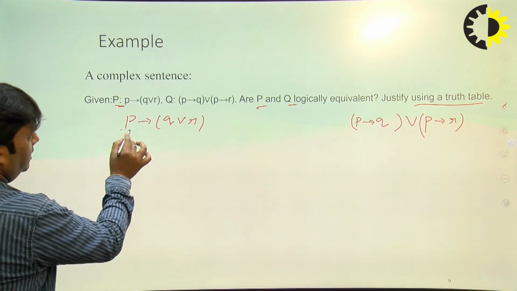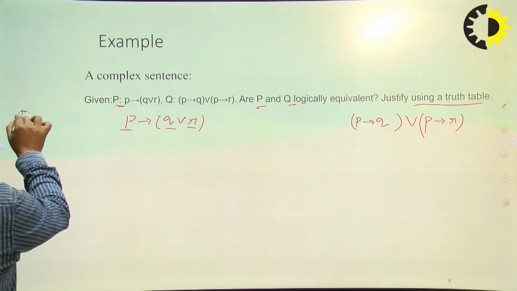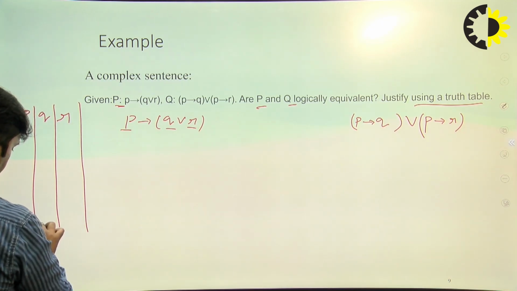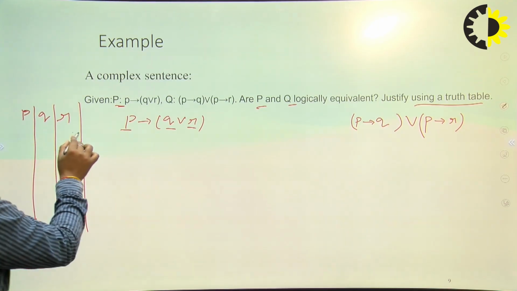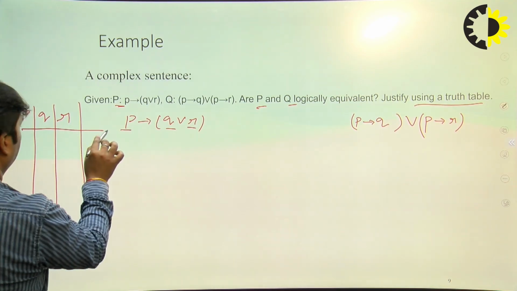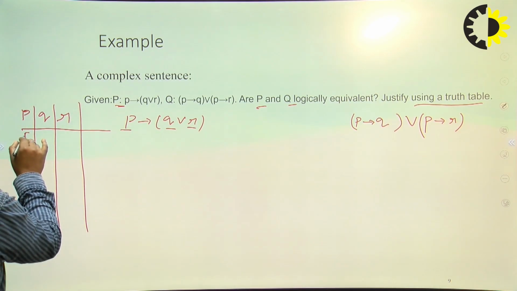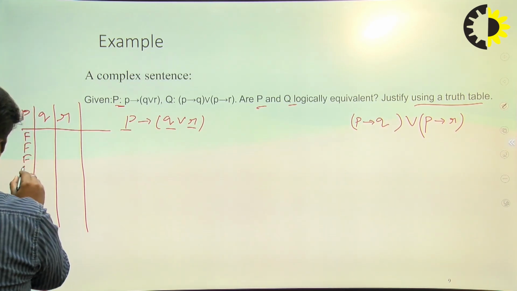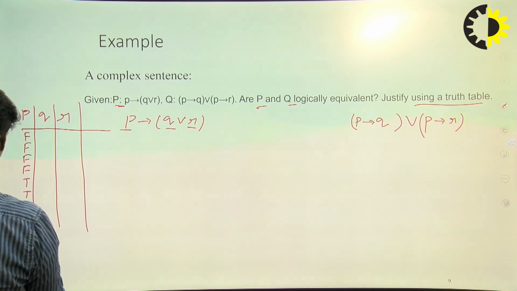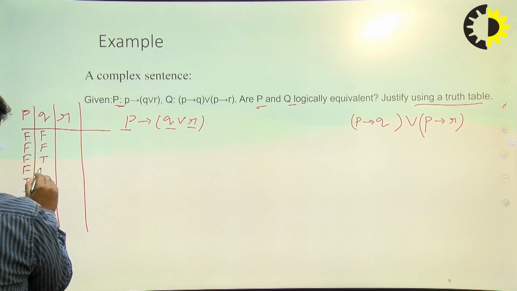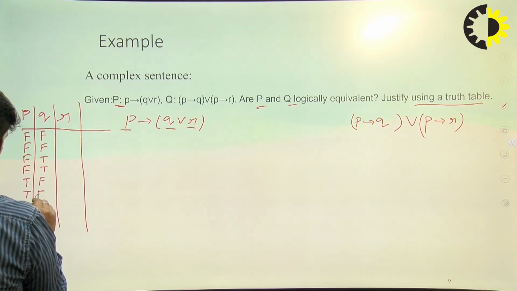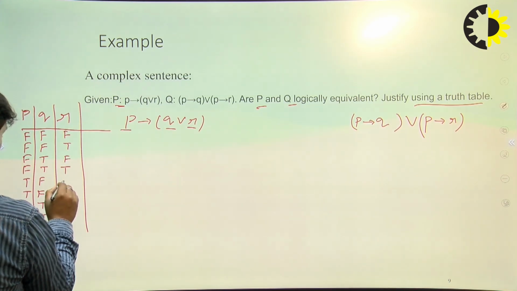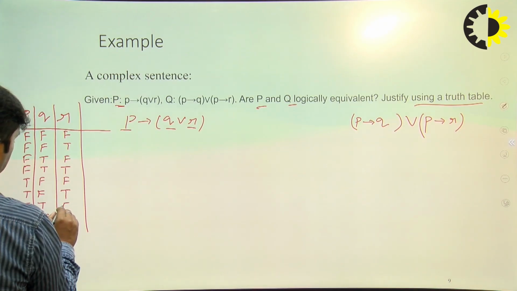So we have three variables P, Q, R. So we construct here P, Q, R: false, false, false, true, true, true, true, false, false, true, true, false, false, true, true, false, true, false, true, false, true, false, true.